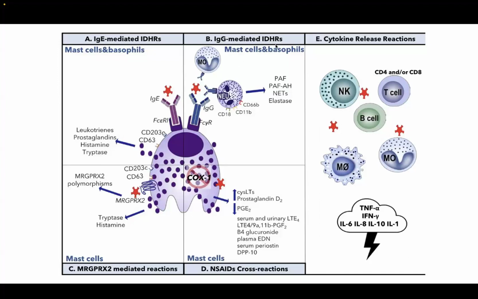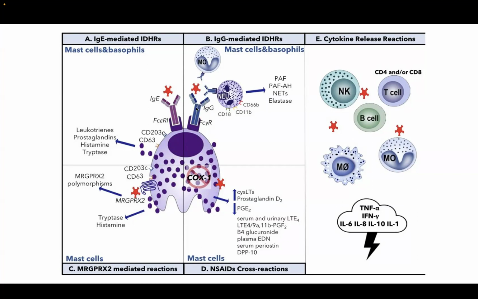In IgG-mediated immediate reaction, you have again mast cells and basophil stimulation, but it's not via IgE. No, it's via IgG receptor, by activating naive macrophages, and also with contribution of other granulocytes like neutrophils, and the attachment of the drug on the IgG.